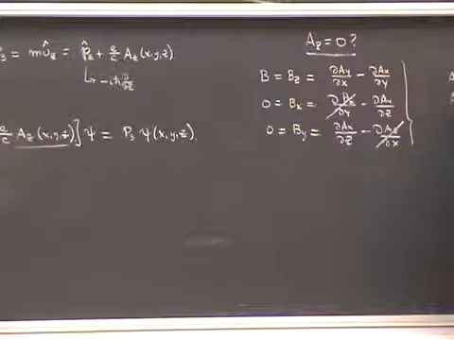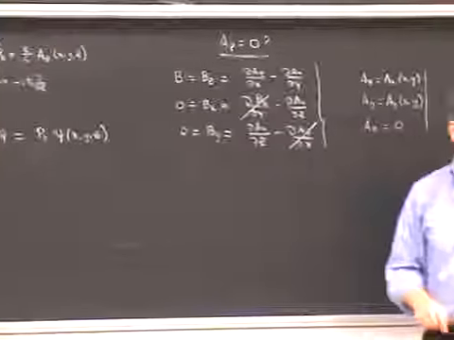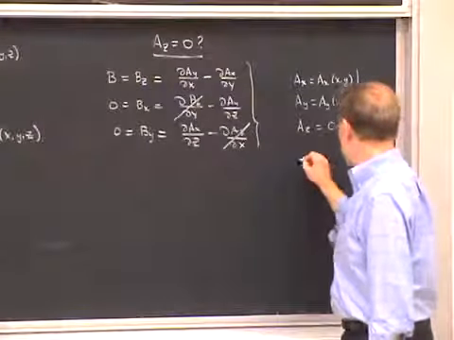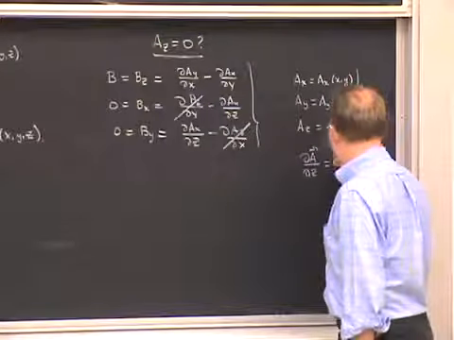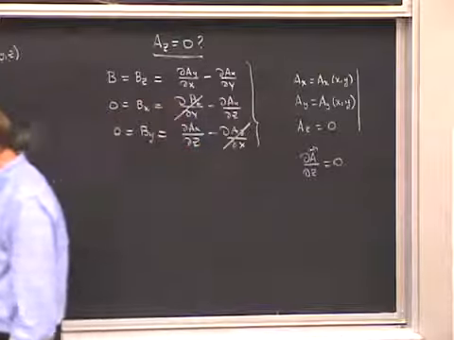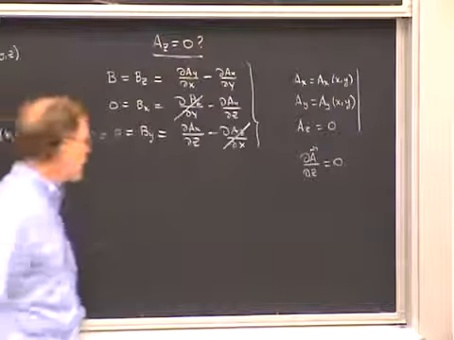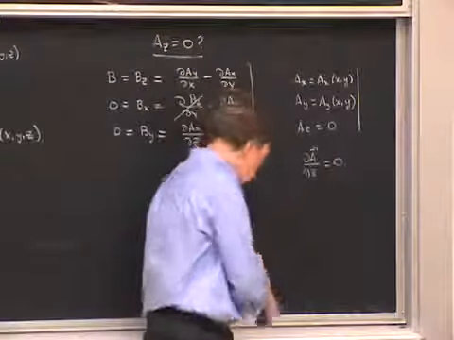And the same is true for a_y, it is only a function of x and y. That a_z is equal to 0. This means, as you can see, that the entire vector potential is now independent of z. So the partial of the whole vector potential with respect to z is equal to 0. This means that the vector potential is invariant under translations in the z direction.